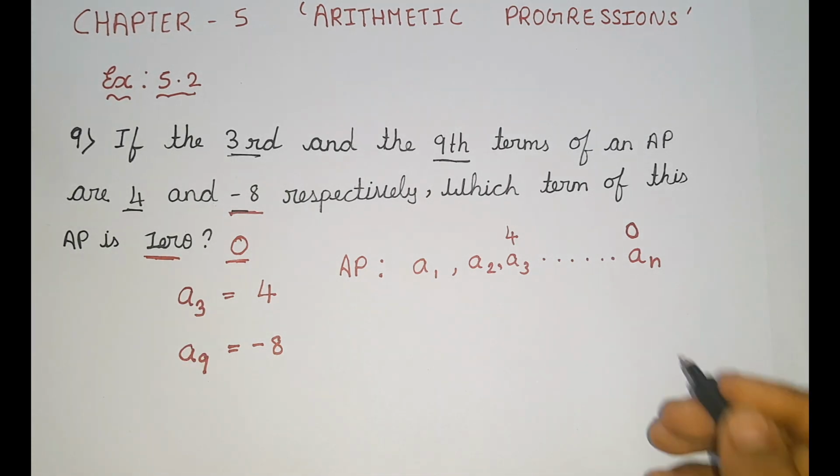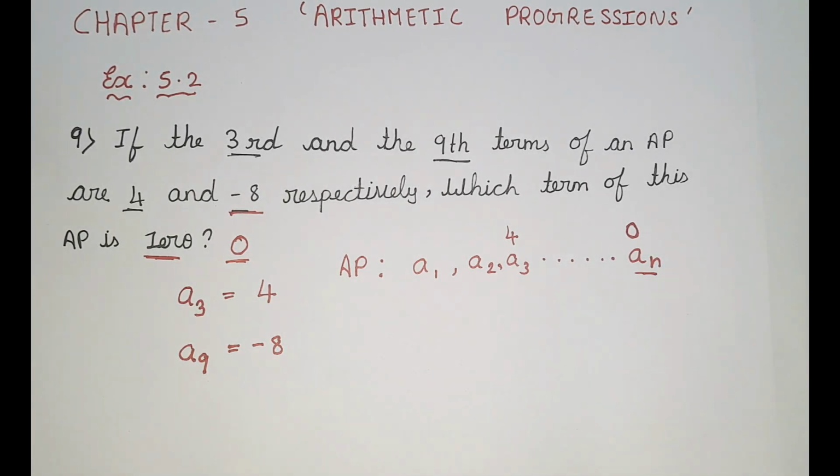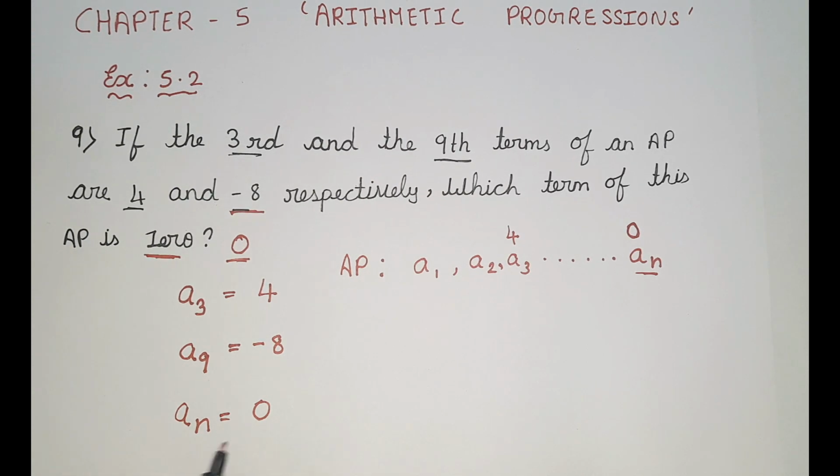Since we don't know the term, I took it as An. So An we shall take as 0. We are supposed to find the term. What is the meaning of An? I took An is equal to 0 because we want to find in which term we will get 0.